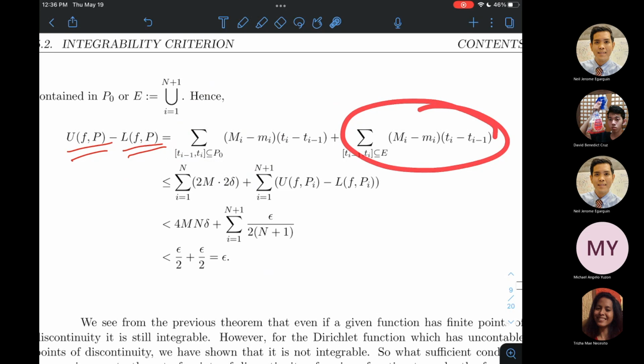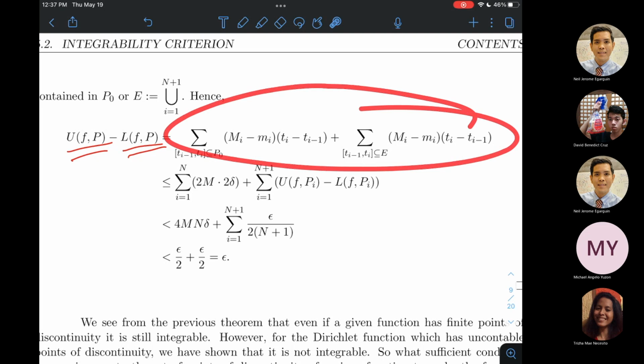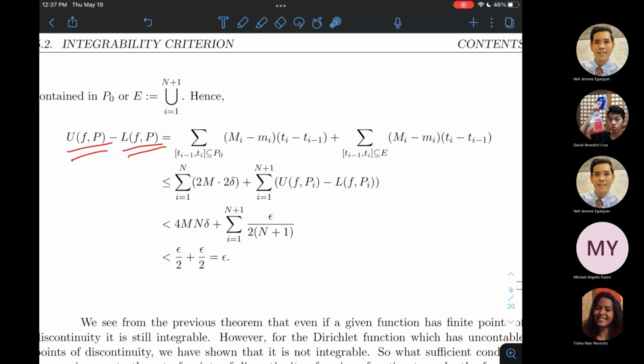Tapos dito naman sa pangalawang sum, kinukuha ko yung summation ng mga upper at saka lower Riemann sum dun sa mga orange subintervals. Okay? Tapos pag sinum ko ito, makukuha ko yung total upper minus lower Riemann sum. Okay? Now, unahin natin to. Ito ay dun sa mga orange intervals. So alam natin ito ay equal dun sa upper minus lower Riemann sum sa bawat subinterval. Okay?